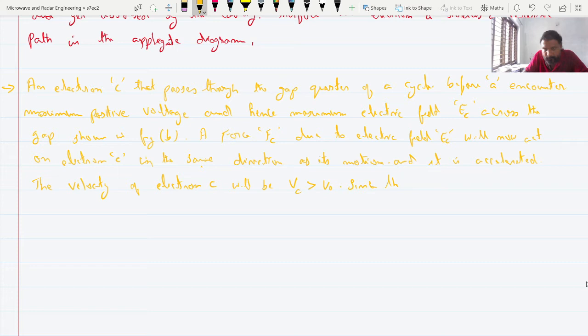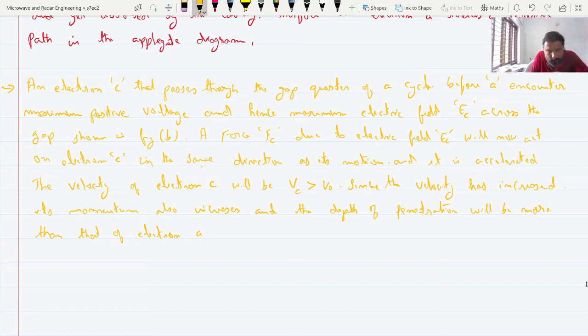Because of that, the depth of penetration of electron C will be more than that of electron A. That is shown in the figure.